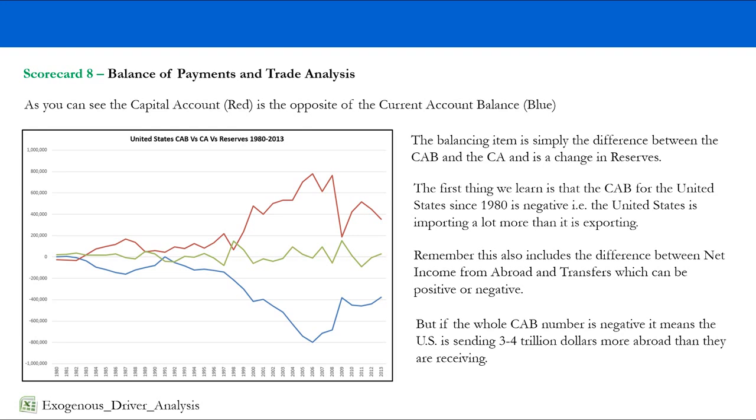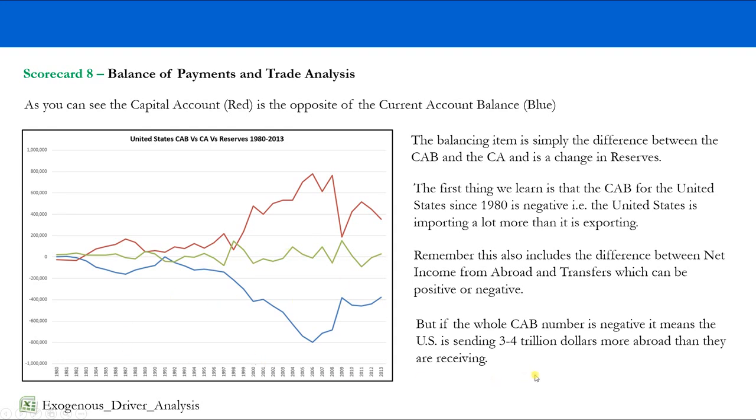Now, the first thing we learn when we look at this is that the current account balance for the US since 1980, so we're charting this from 1980, is negative. This basically means that the United States is importing a lot more than it's exporting in the current account balance.